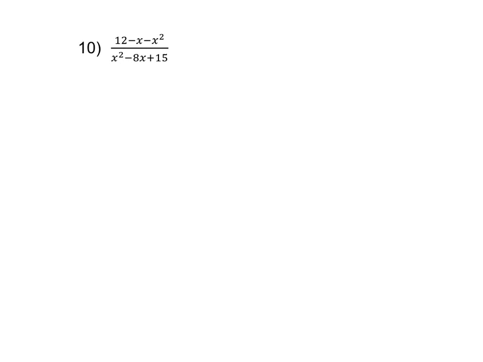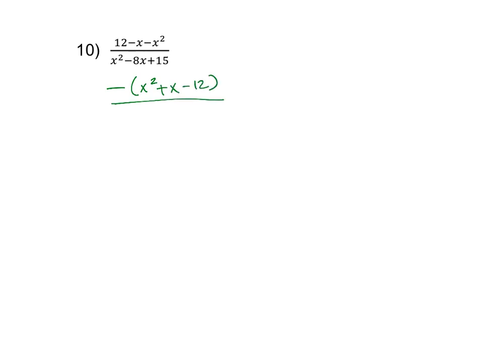And the last one. It's a little bit different because we have trinomials. So I'm going to start by factoring out that negative, because when you have a trinomial, it's easier to factor when the x squared is positive, right? So I'm going to factor out that negative. When I factor that out, everything changes to its opposite, divided by x squared minus 8x plus 15, right?